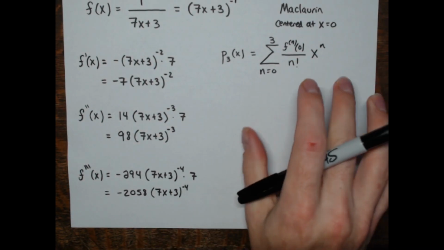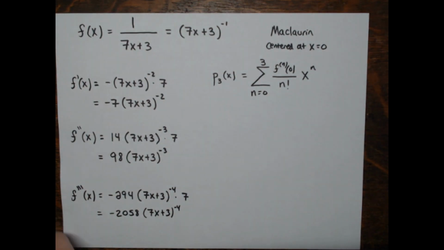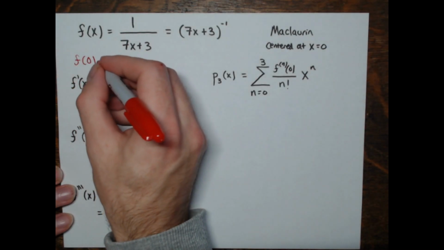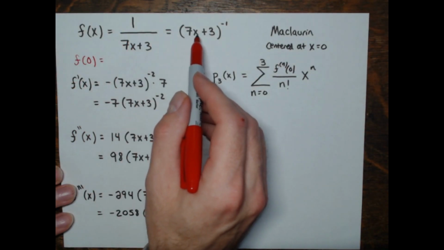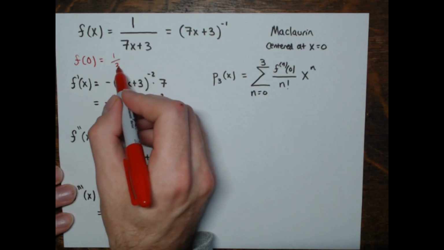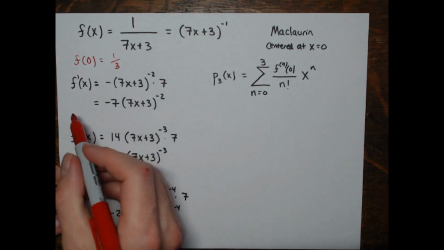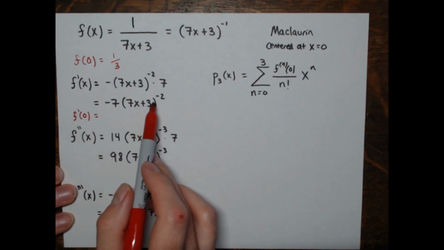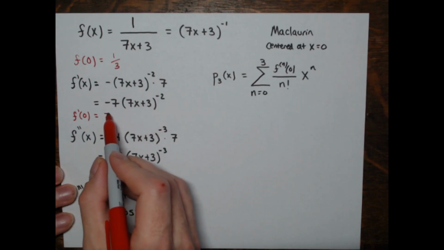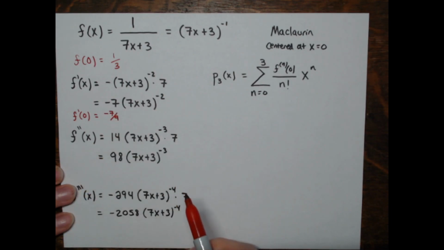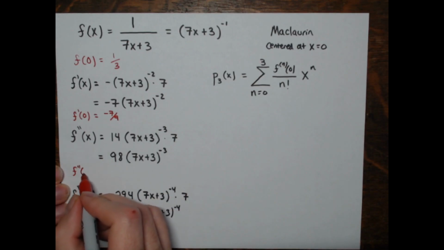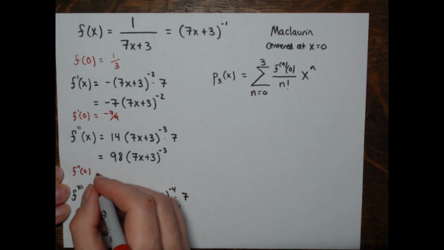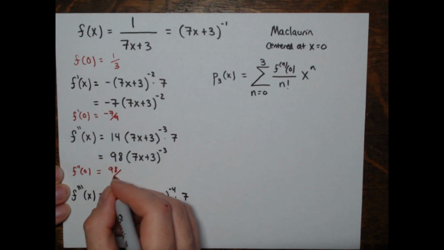And then for the coefficients of my polynomial, I'm plugging in 0 for x, plugging in the center. f of 0 is 3 to the negative 1, so 1/3. f prime at 0: 3 to the negative 2 is 1/9, but you have negative 7 in front, so this is negative 7/9. f double prime at 0, where 3 to the negative 3 is 1/27, and then 98 in the numerator, so 98/27.